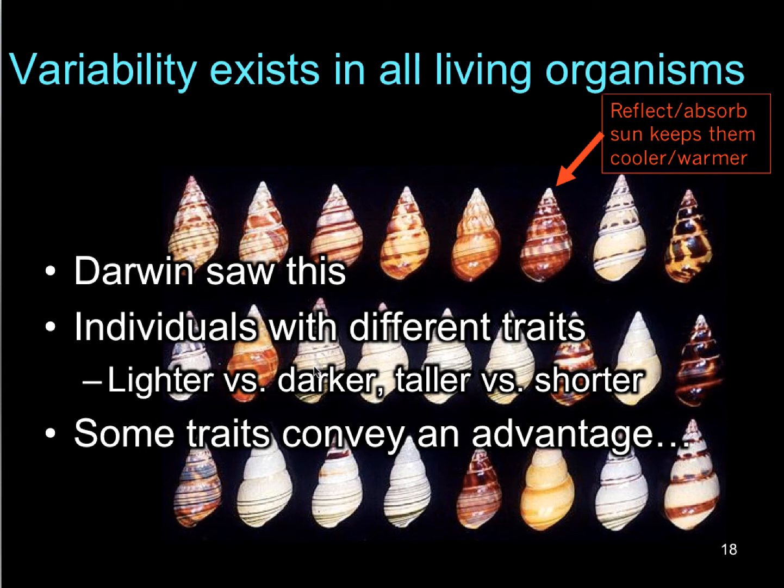But in the southern edge of the range for this animal, down in Florida, it's probably not a good idea to be dark in color because you'll be absorbing too much heat. It's probably better to be lighter in color. So you're dealing with different environmental conditions, one very warm, one very cold. And so the different shell colors might actually provide an advantage in one set of habitats, but maybe not in another. So these are the sort of examples of variation that Darwin was observing.